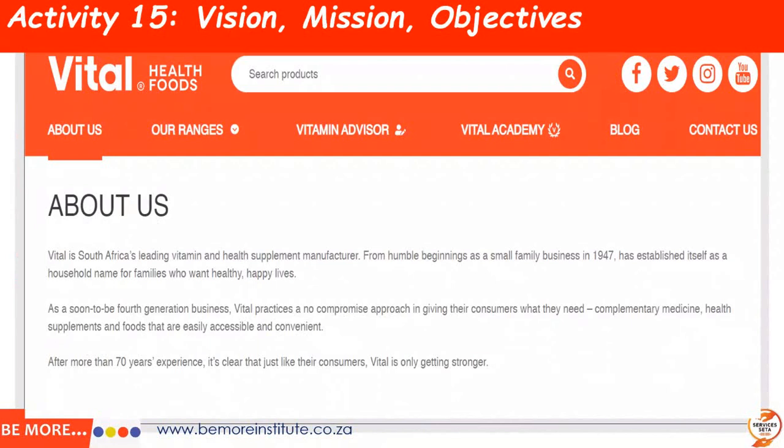It was not really coming out strongly in terms of their vision, but it's a leading vitamin and healthcare supplement manufacturer. That sounds more like a vision. Their practices are a no-compromise approach in giving their consumers what they need. They also look at complementary medicine, health supplements, and foods that are easily accessible and convenient.